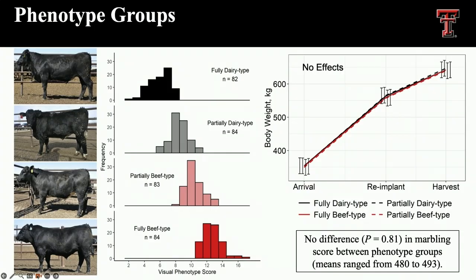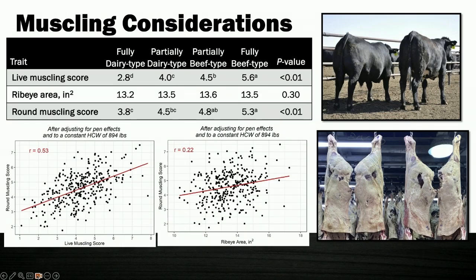Not only was it statistically not significantly different, but they're almost identical from a numerical sense. So we are putting weight on these animals with very different proportion and priority. The reality is we're putting a lot more weight in the skeleton of the dairy-like animal, and we're putting a lot more weight in the form of fat and muscle in the beef-like animal. So the composition clearly changes.